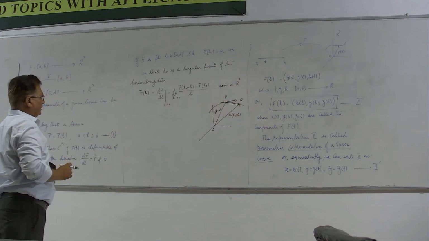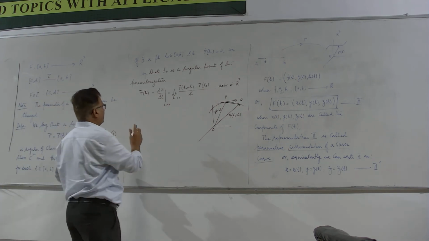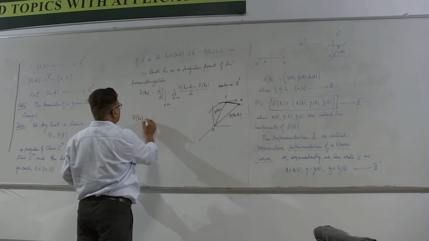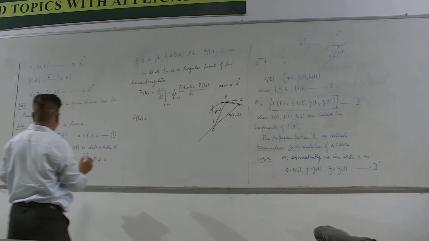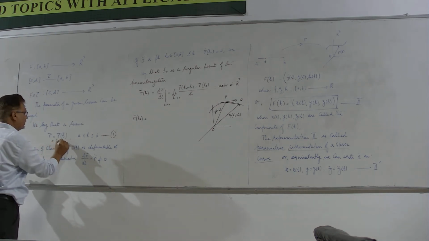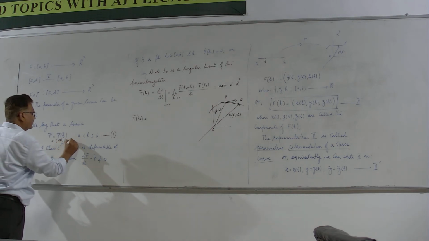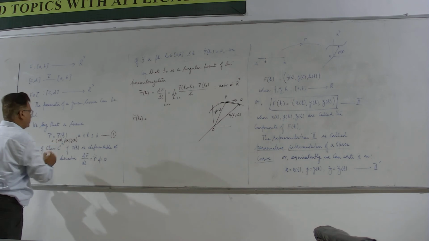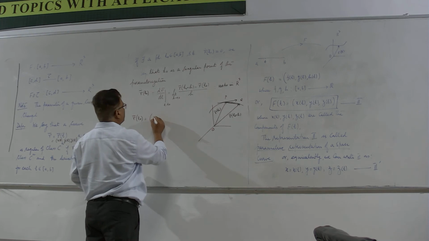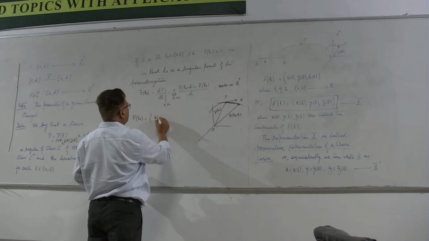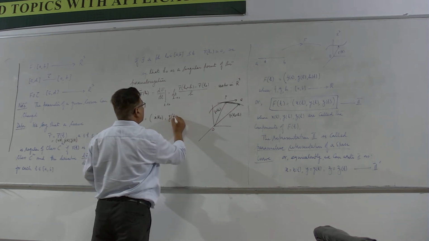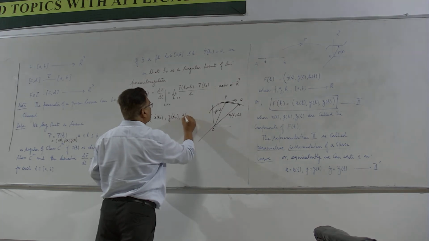And one can check the components of the vector r dot at the point t naught. If I consider the components of the vector r t as x t, y t and z t, then r dot t naught will be nothing but x dot t naught, y dot t naught, z dot t naught.